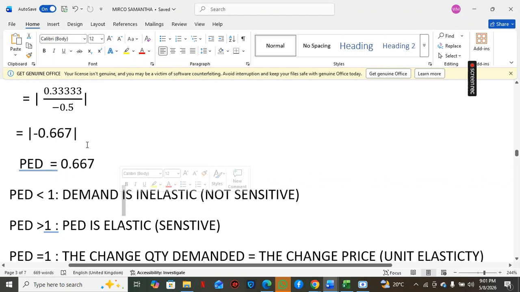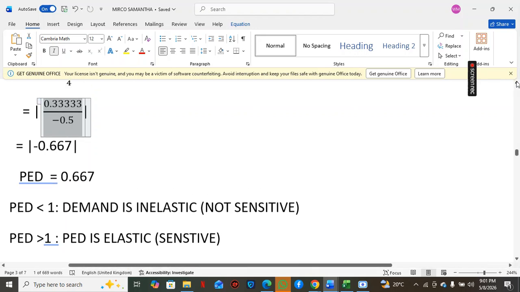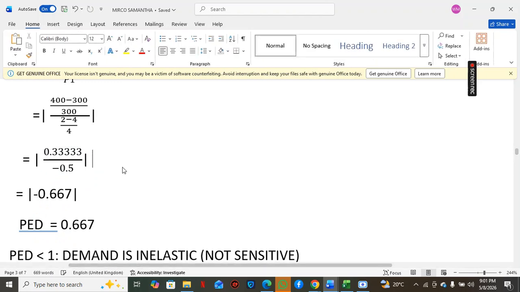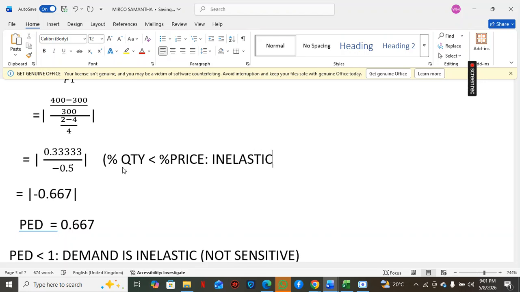Okay. Even when we reached this point here, when we found these percent changes, you can easily tell if demand is elastic or inelastic. Price dropped by 50%. Quantity demanded just increased by 33%. Okay, so another trick you can use is this. If percent change in quantity is less than percent change in price, okay, demand is usually inelastic, like in this case here.